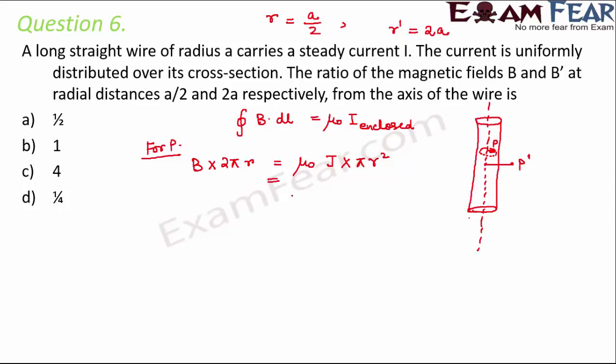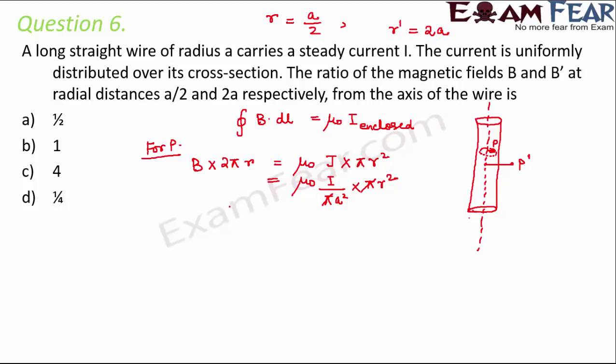So here mu naught J. What is J? J is current density, that is current per unit area. Now, if we are trying to find out the current density of this uniform long straight wire, it will be current per unit area, that is area will be pi a square, because now we are talking about the area of this wire. This will be equal to I over pi a square, into pi r square. So pi and pi will get cancelled.